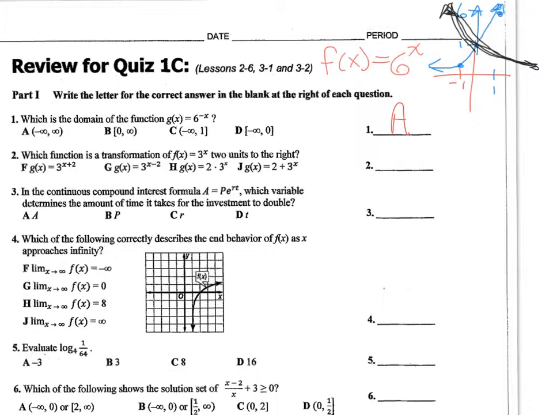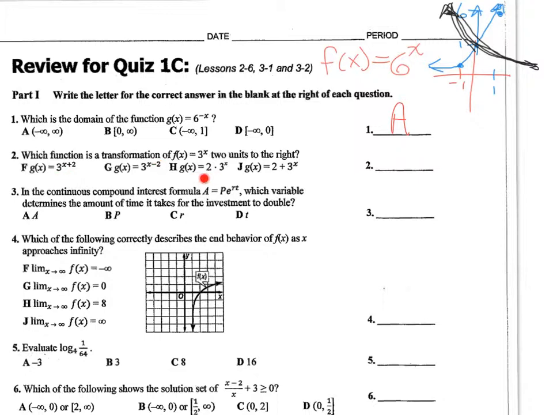Okay. So for number 2, which function is a transformation of f of x equals 3 to the x power when it's 2 units to the right? That would be g. That is right. See right here, that's negative x minus 2, then that is a transformation to the right. If it was to the left, then it would be f.